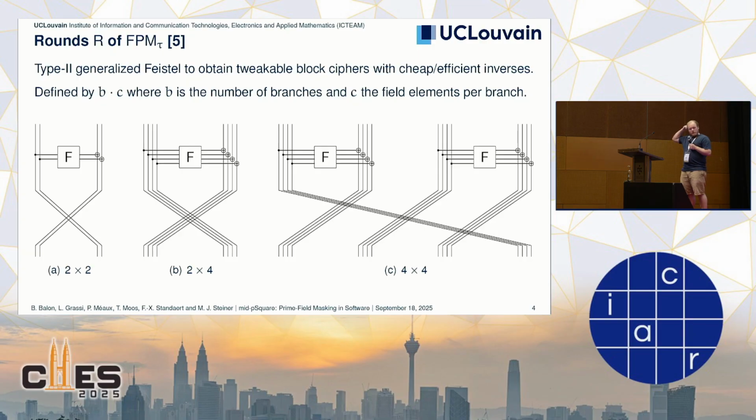The round functions themselves are defined as a type 2 generalized Feistel to obtain efficient inverses, and these instances are defined by two parameters, B and C. B is the number of branches and C is the number of field elements per branch. So on the left side you have two branches and two field elements per branch going into the F function. And then in the middle there are four elements per branch and two branches, so also four elements going into the F function.